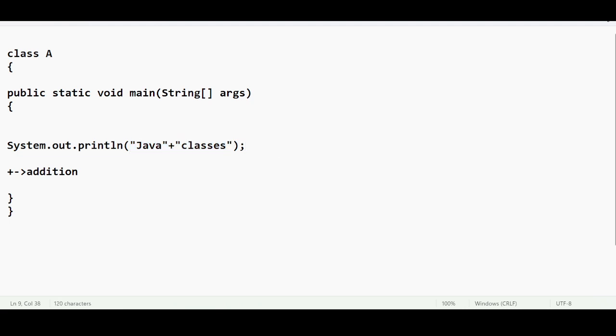Concatenation means it will get attached. Java classes. In Java, the plus operator is meant for addition as well as for what? Concatenation. It depends upon the inputs that you are choosing. If it is numbers, addition. If it is words, concatenation.